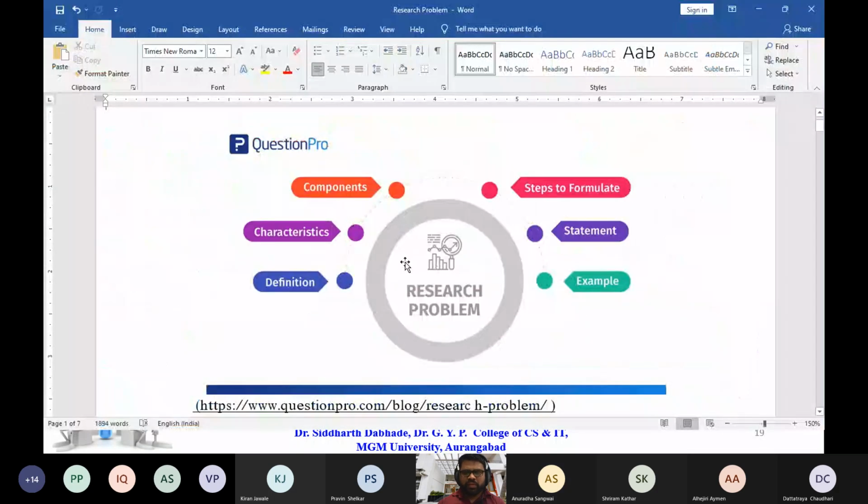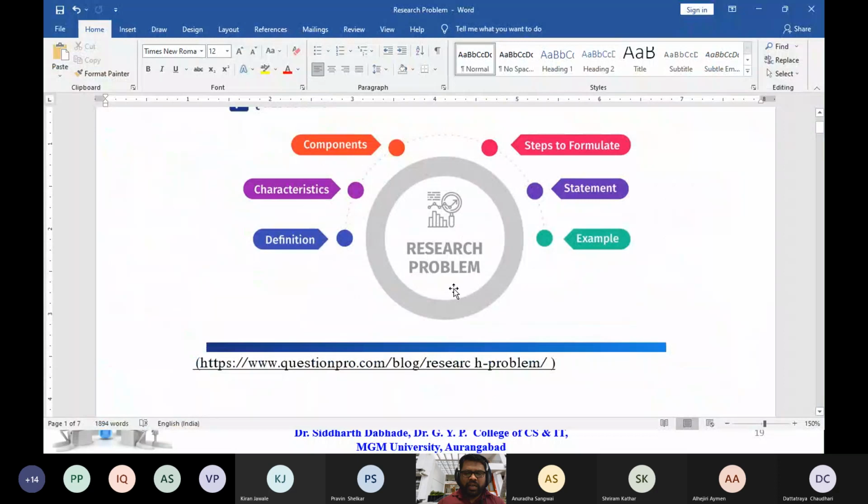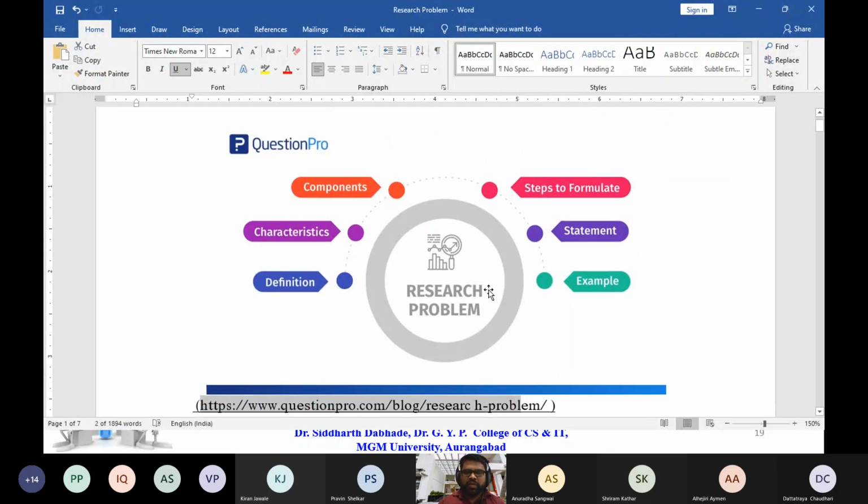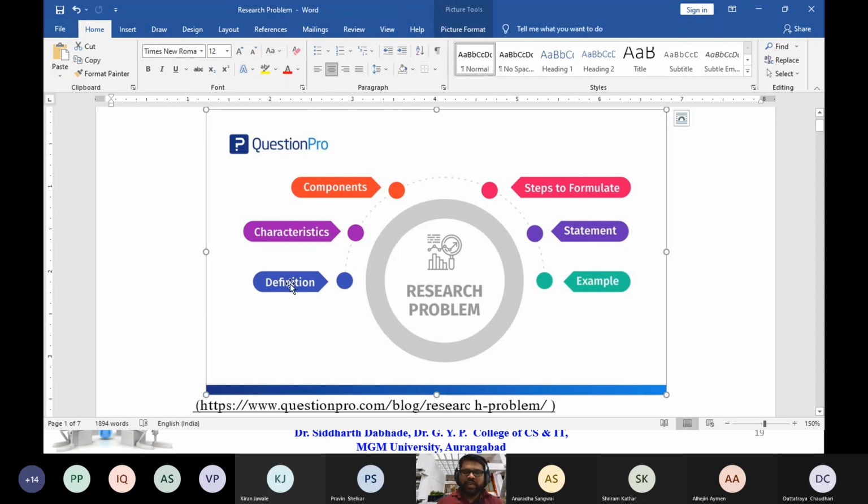Okay, this content has been copied from this website. Whenever we want to say that there is a research problem and how that research problem is going to be solved, we require the definition of the research problem. What are the characteristics?